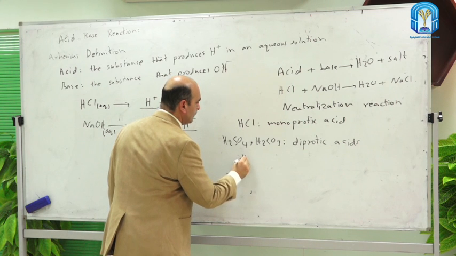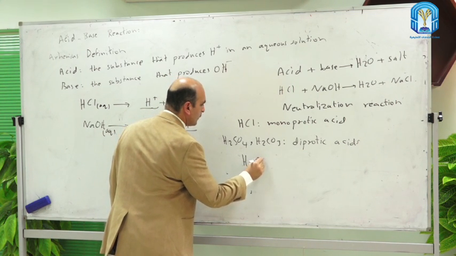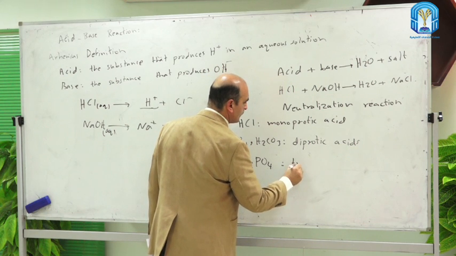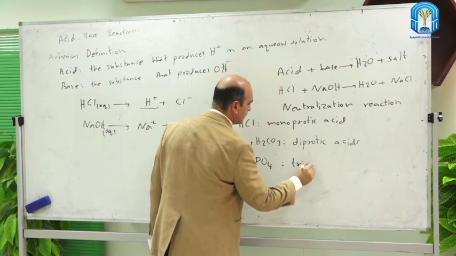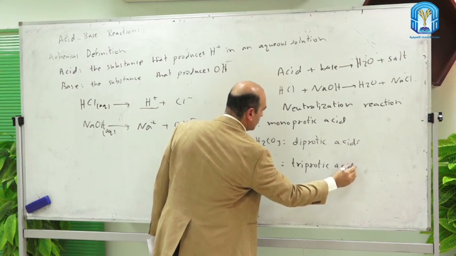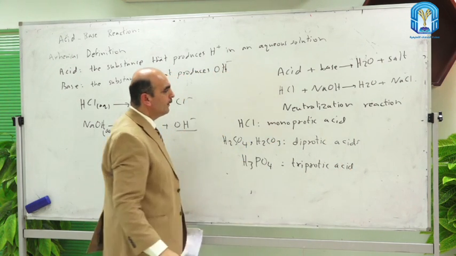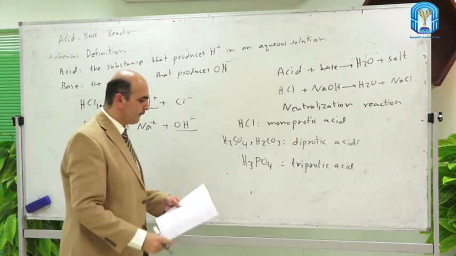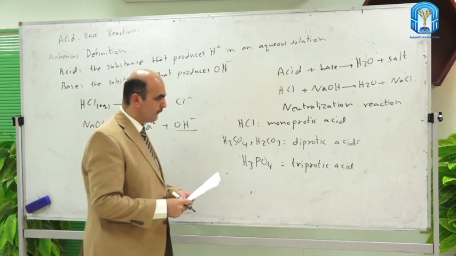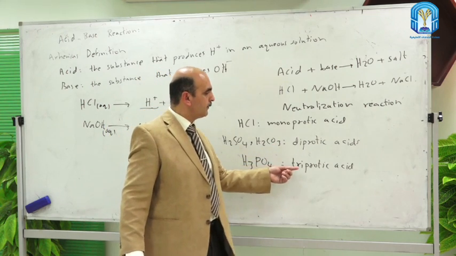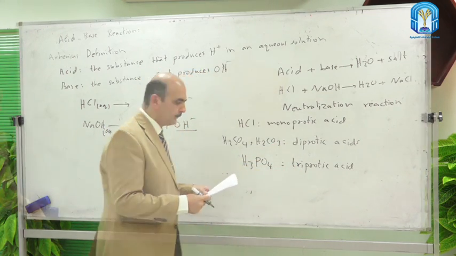And H3PO4, we call it a triprotic acid. So mono means أحادي, di means ثنائي, tri means ثلاثي.